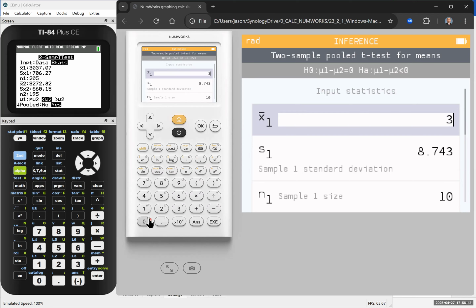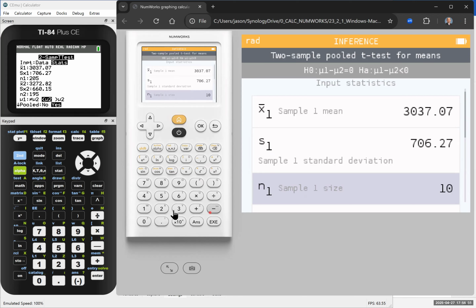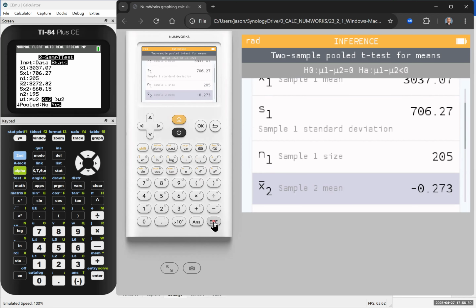So we've got 3037.07. S1 is 706.27. Sample size of 205. Okay, X bar 2 is 3272.82.